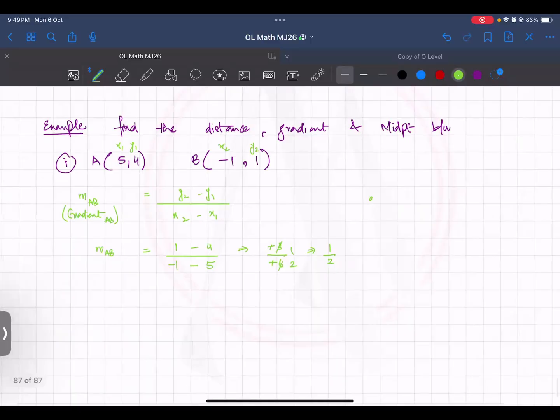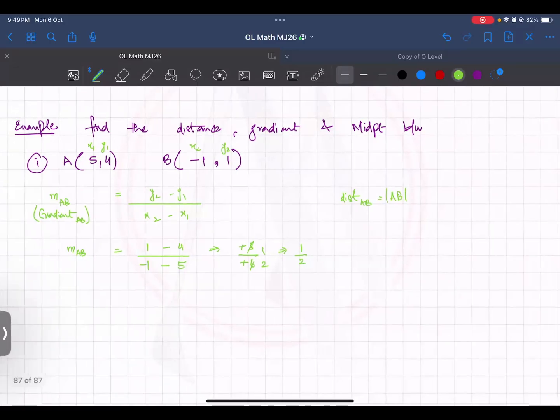Now you find the distance between AB, which you can also write like this: A, B, and then these vertical lines, which means magnitude. So square root of x2 minus x1 whole square plus y2 minus y1 whole square. And then now you will just input the values.